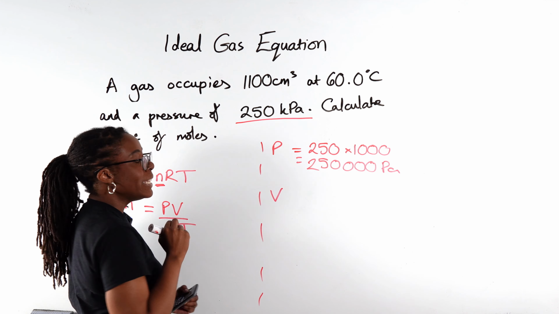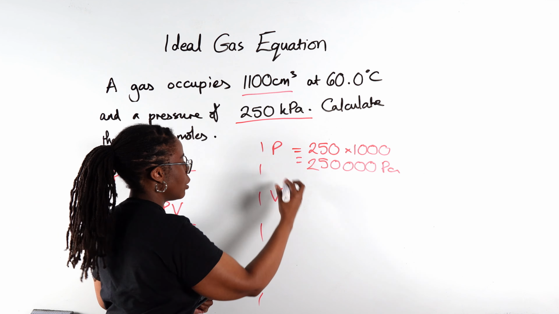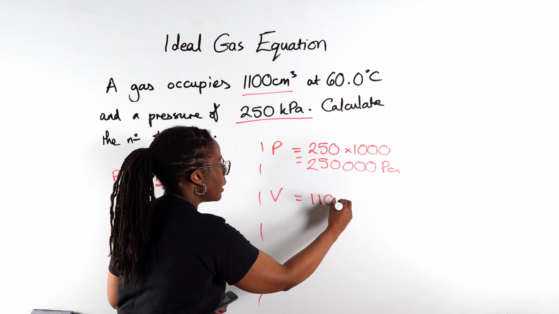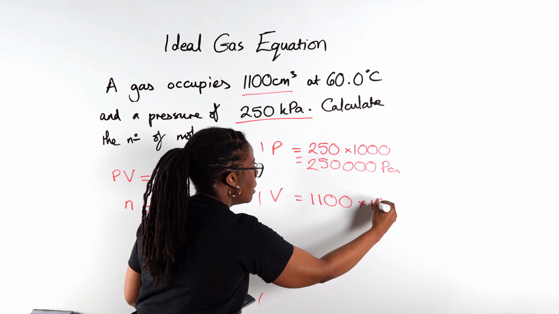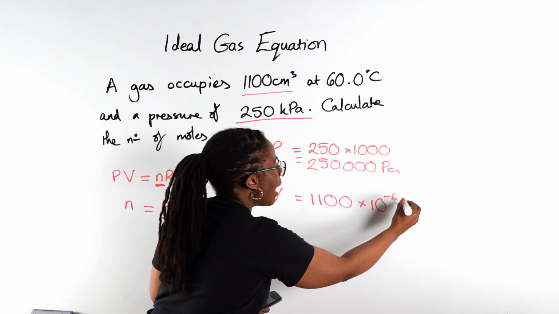Our volume needs to be in meters cubed. We've been given it in centimeters cubed. So that's going to be 1100 times 10 to the minus 6 meters cubed. Now, even though this is not standard form, I'm actually just going to leave it like this, okay? It doesn't really serve any benefit to now just rewrite this in standard form. I'm just going to keep it like that because it's easier.